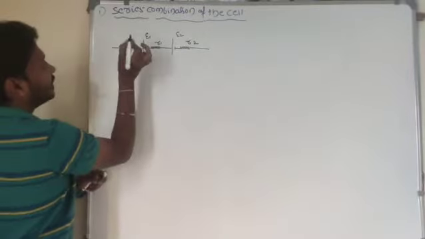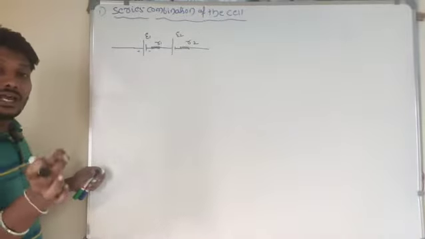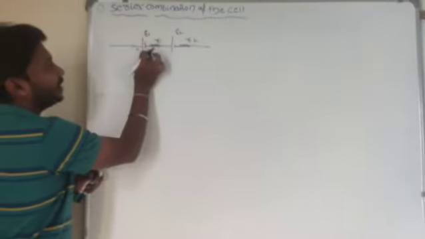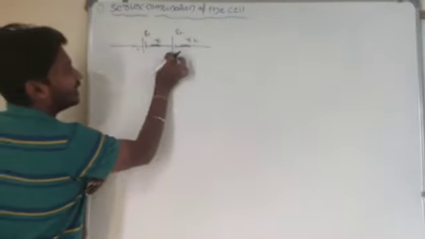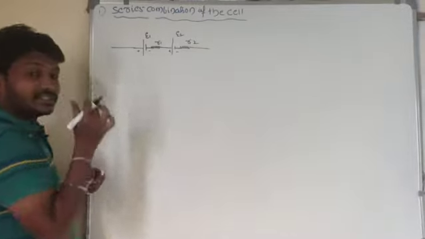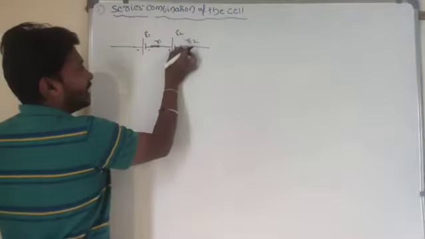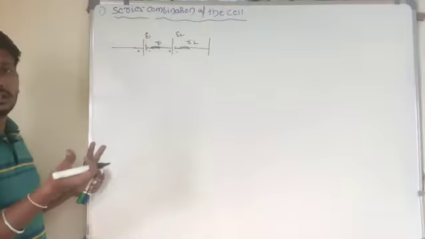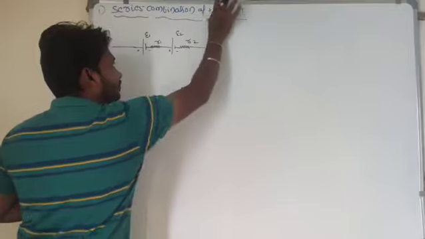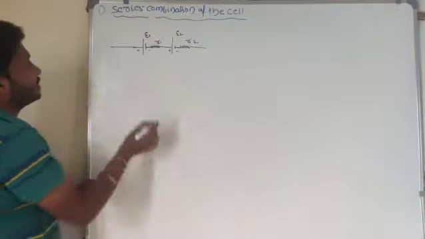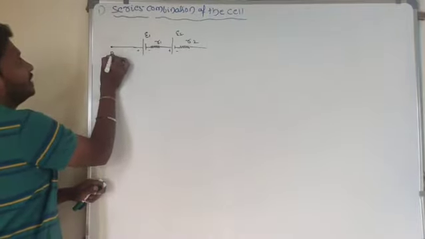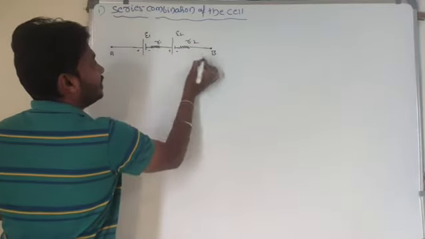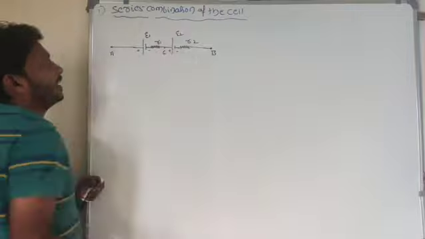Here I took two cells and connected them in series combination. The negative terminal of the first cell is connected to the positive terminal of the second cell. Similarly, the negative terminal of the second cell is connected to the positive terminal of a third cell. That is how to make a series combination. Let me take this point as A, this as B, and the middle one as point C.